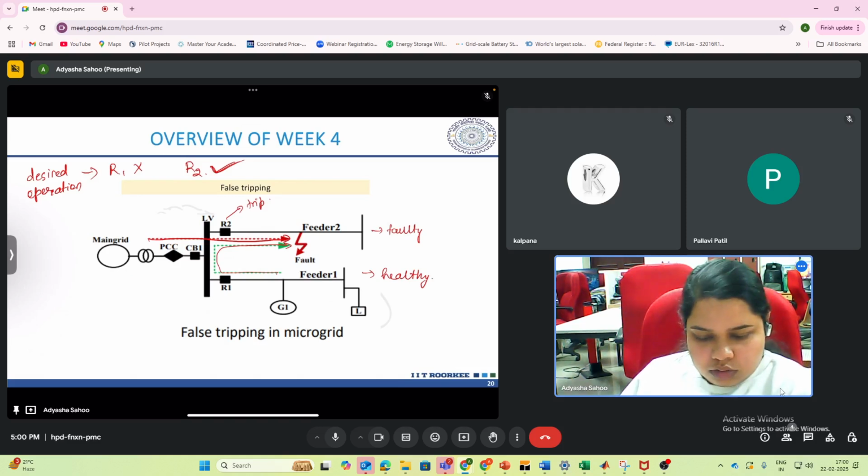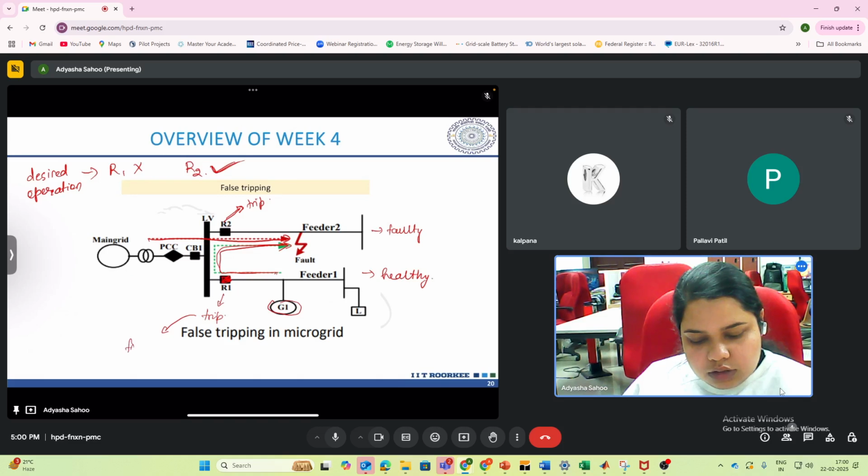So during islanding condition, what will happen? R2 will trip, but due to this G1, R1 will also sense the current that is being fed by G1 to the fault. So this R1 will also trip.